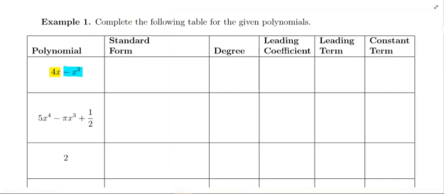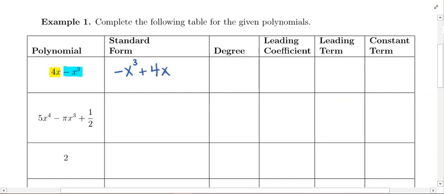So the highest power of x needs to go first, so the x cubed term needs to go first. You need to take the negative sign with it because the negative sign belongs to the x cubed. And then we're going to write the 4x. It is positive. So to write this in standard form, it is negative x cubed plus 4x.